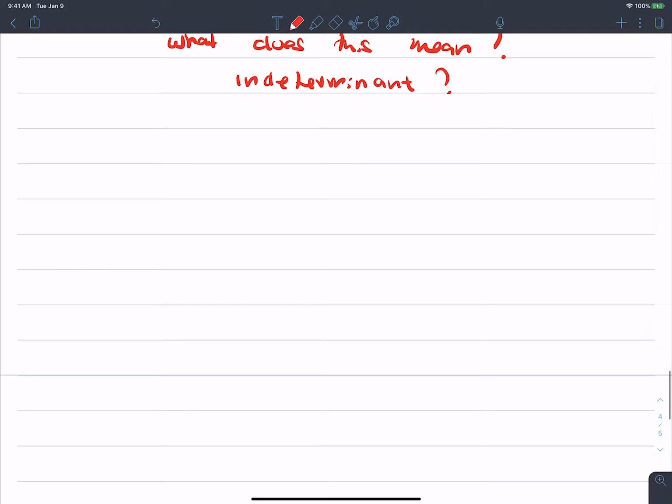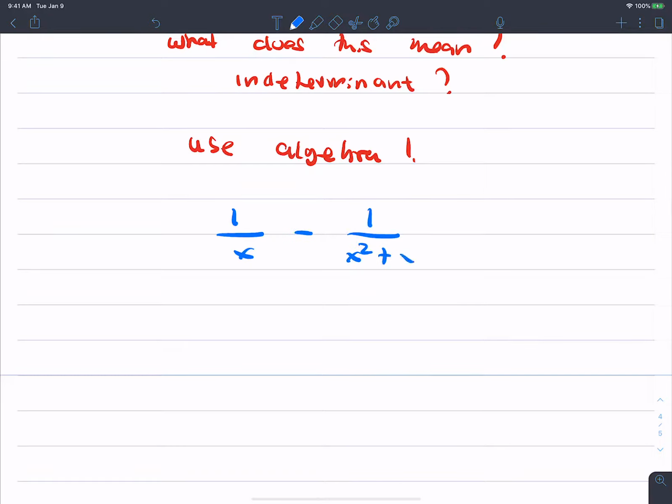So here's what we're going to do. We're going to use algebra, as you guys have seen. So the function here is 1 over x minus 1 over x squared plus x, right? So we're going to cross multiply again, because we're going to subtract here.